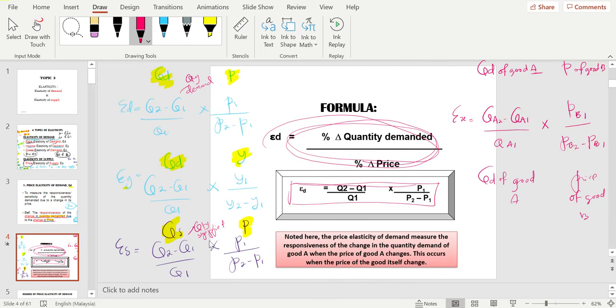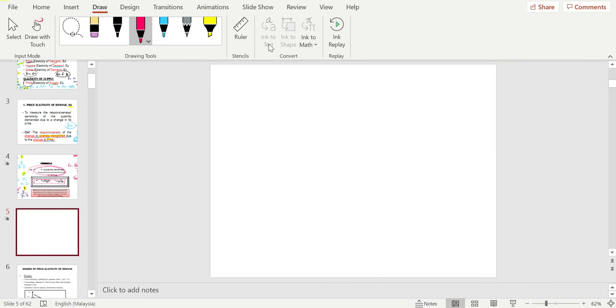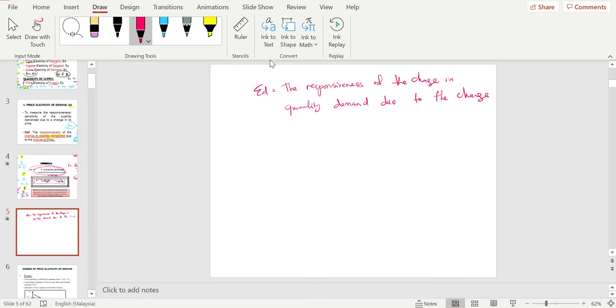Okay. So I will put one slide here. Alright, so I will explain about ED. So we know ED is the responsiveness of the change in quantity demand due to the change in price.